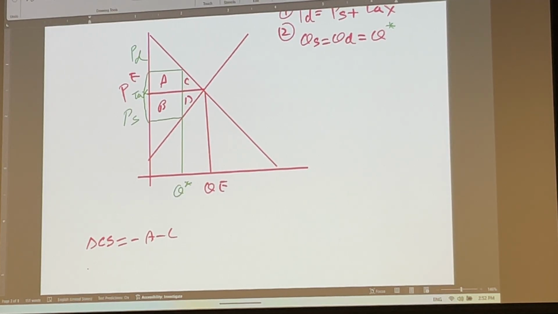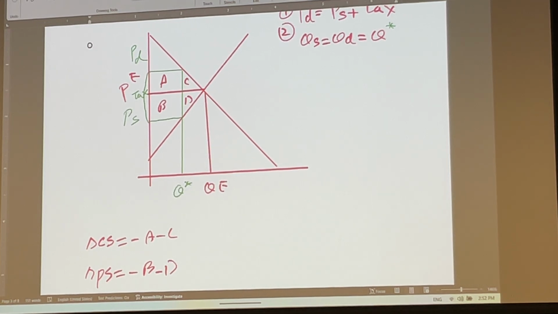What about producer? Producer surplus before was this. Now it becomes this. So producer doesn't like it either. They're going to lose B in lower prices and D in lower sale.